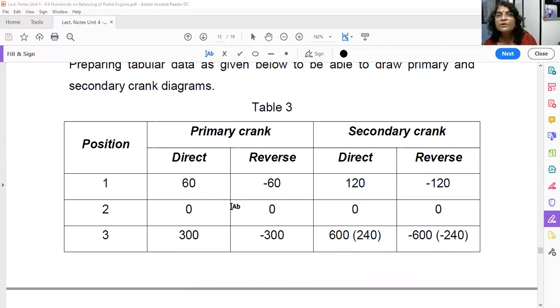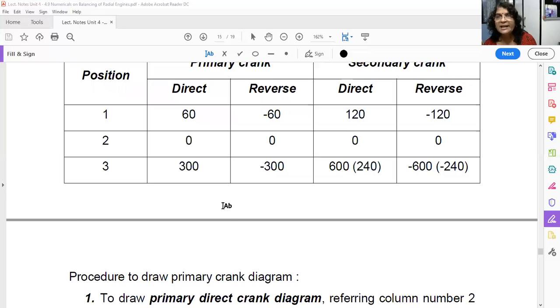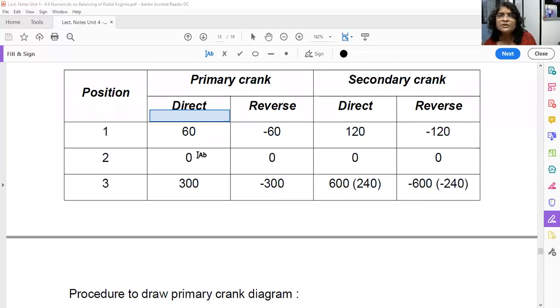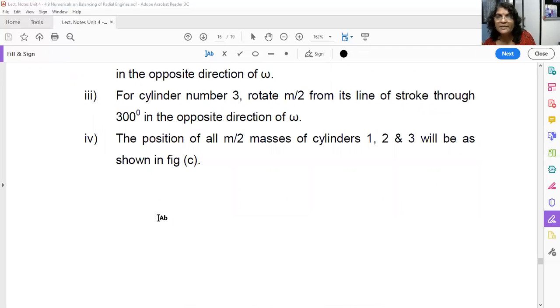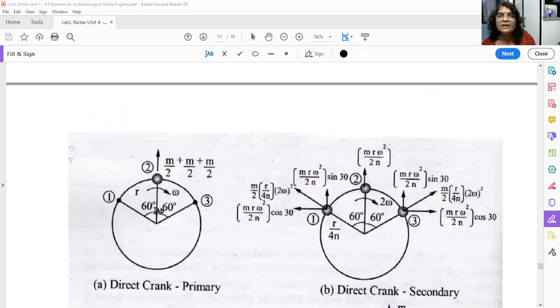Now you have to draw these 4 diagrams. Let us first draw the primary direct diagram. You have to rotate cylinder number 1 by 60 degrees, 2 by 0 degrees, and 3 by 300 degrees in the direction of omega, which is clockwise. So this is your diagram. Cylinder number 1 is here, line of stroke, 2 is here, 3 is here.